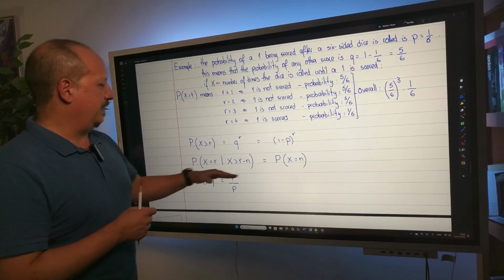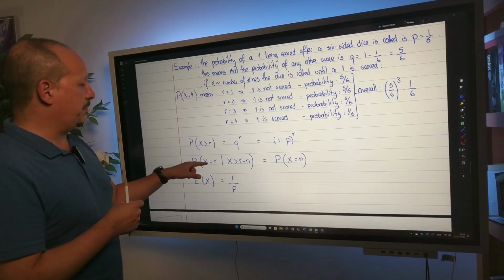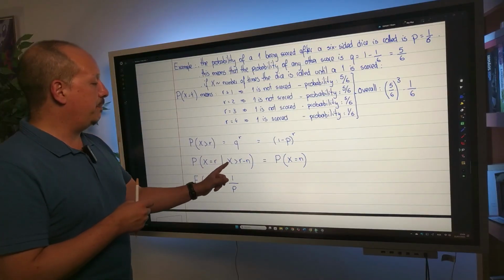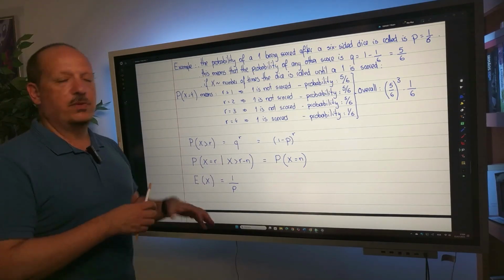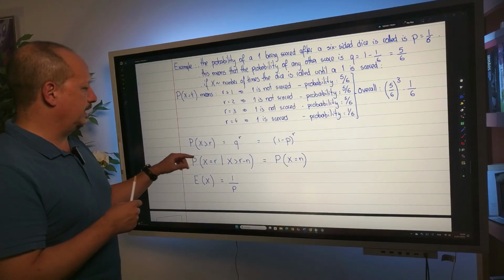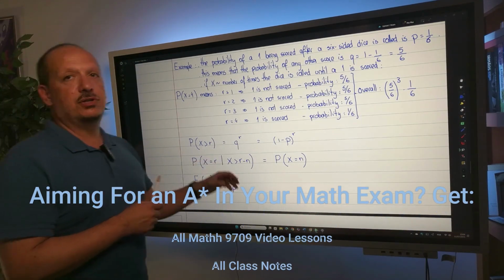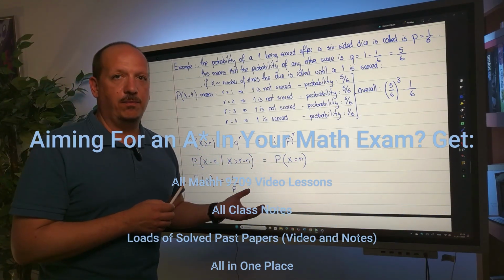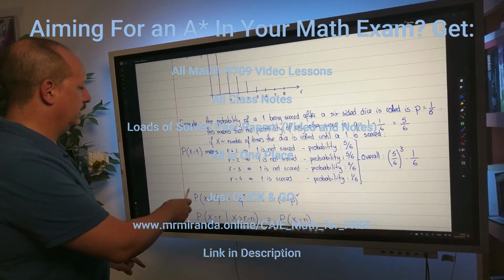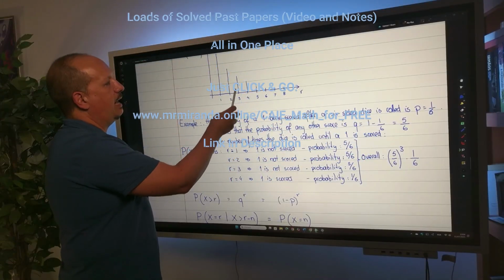What does this mean now? This is the probability that X happens on the rth trial, knowing that it didn't happen before a certain trial. For example, let's say that we want to calculate the probability that X equals 5, knowing that it happened after the third trial. If you look over here, you want the probability that X happened here, knowing that it happened after this.